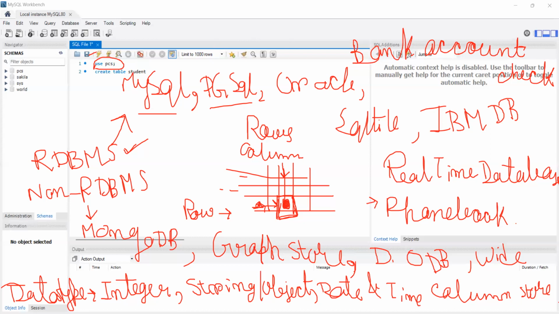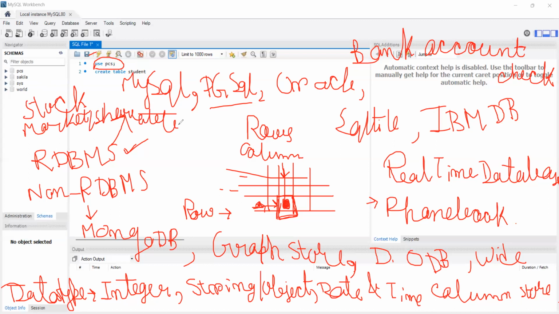So one more example I am giving you, which today's generation is very fond of: stock market or share market data. It's a very knowledgeable thing. If you do, you can understand stock market or share market data. That's also a real-time database.